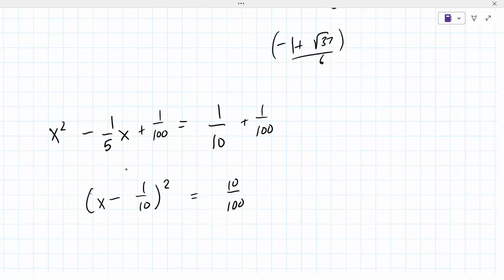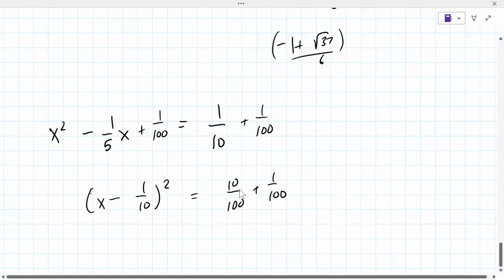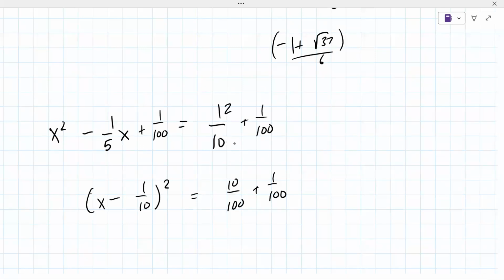Oh boy, this one doesn't work out as nicely as I'd hoped. What could I have done here? I guess I could have made it 12. Can I change a number? Can I change that to 12?